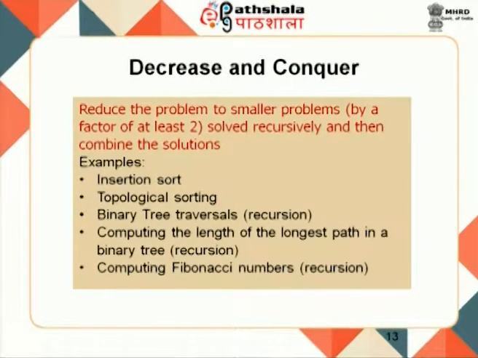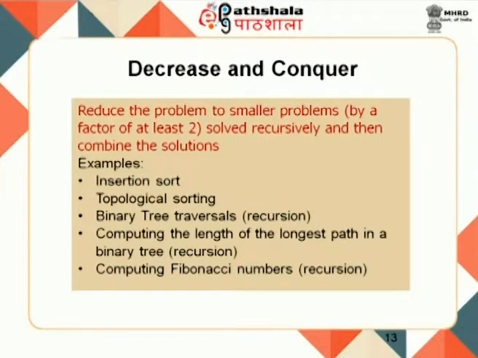So, reduce the problem into smaller problems by a factor of at least 2, solve recursively and then combine the solution. So, insertion sort, as we already told, topological sorting, binary tree traversal recursion problem, computing the length of the longest path of a binary tree, again the recursive version, then computing Fibonacci series, the recursive version.